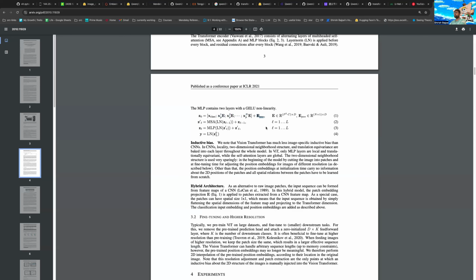Then we add the positional embedding and a special token that is supposed to represent the entire image. And then it is passed through the multi-headed self-attention layer.